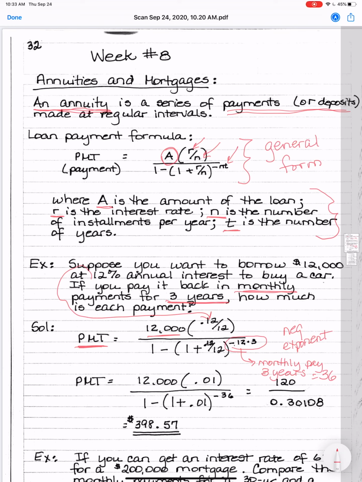So when we simplify some of that, we're going to have 12 times 0.01, which is 0.12 divided by 12, divided by 1 minus 1 plus 0.01 raised to the negative 36, which is 120 over 0.03108, or $398.57.